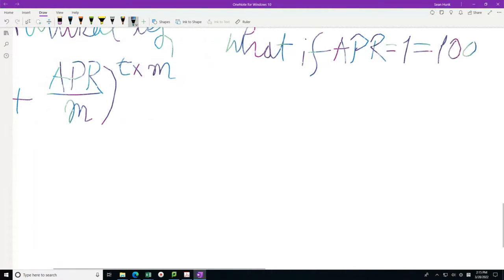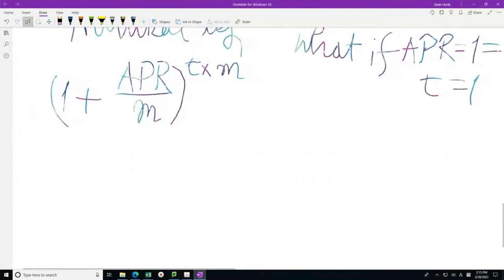In percentage, 1 is 100%. So suppose T is just 1 year. Then think about it.